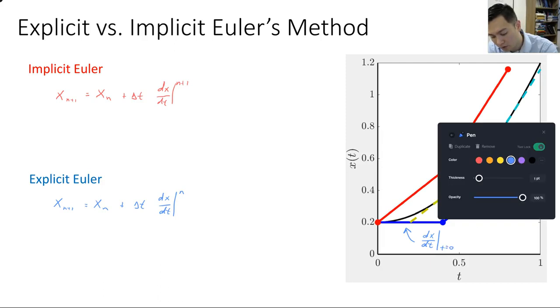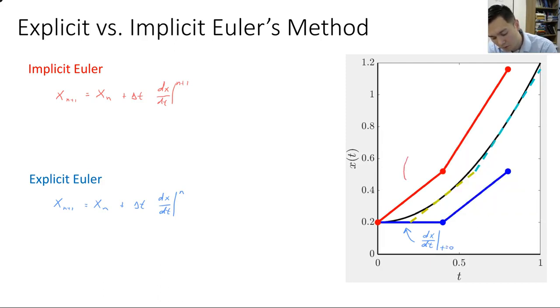Versus for our implicit case, our first step is the dx dt, but now evaluated at t equals a half. Noticing that's where we're wanting to end up at the time step of, well, I guess it's not quite 0.5, it's probably something more like 0.4 or something like that.